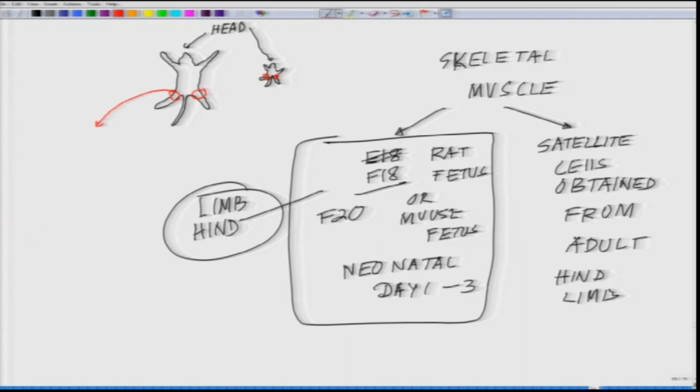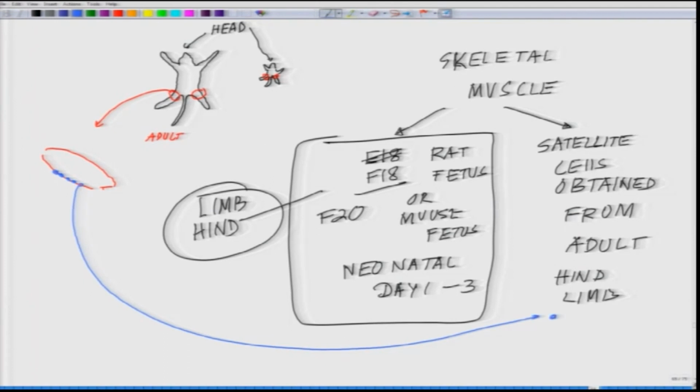Now, the satellite cells, if we talk about the adult, are sitting like this. If this is the tissue which is making the hind limb, underneath it, these satellite cells are collected. These satellite cells are essentially stem cells destined to become skeletal muscle.